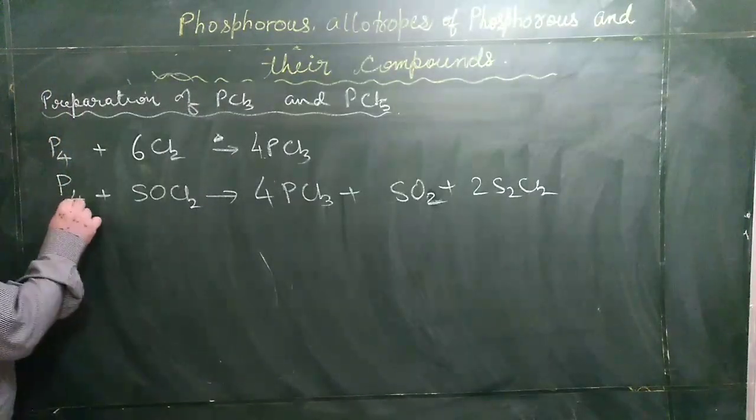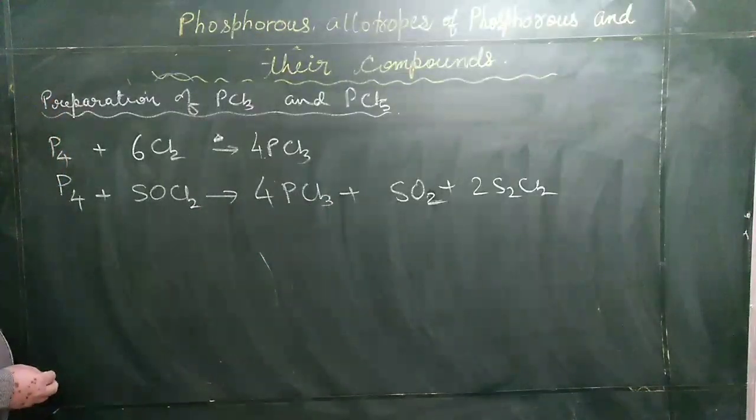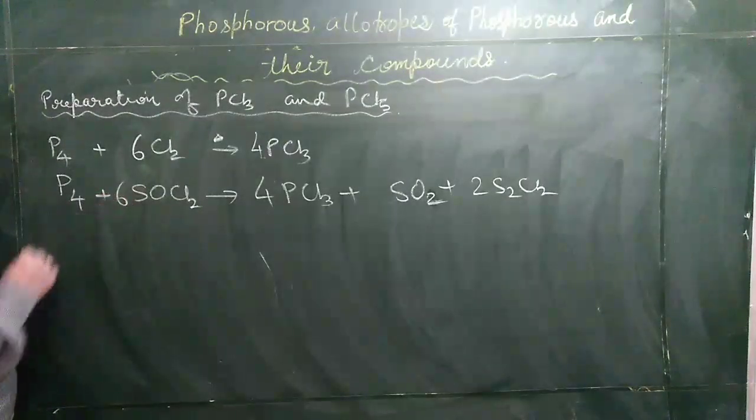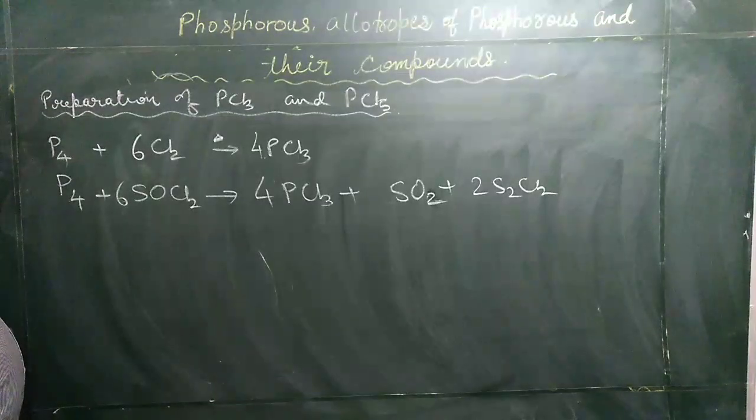I will try to balance. 4 is already there. This is 12. This is 2. So we'll give 6 here. So chlorine becomes 12.